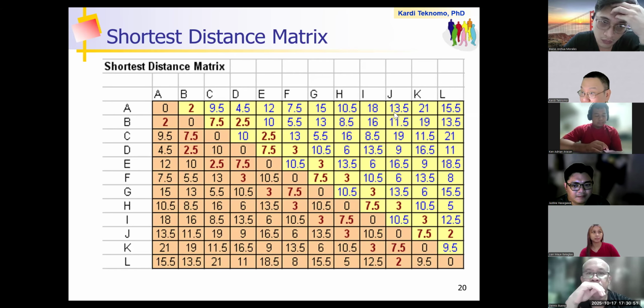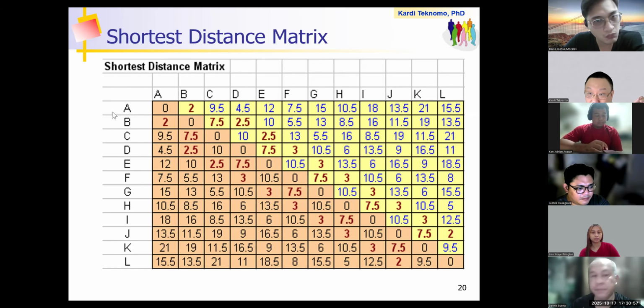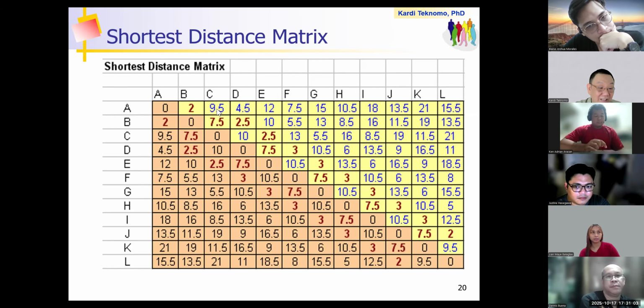The one in blue in the shortest distance matrix represents, if I want to go from A to C, that distance is 9.5. So this is like the shortcut. It doesn't tell where to go, it just tells that from A to C, the shortest is 9.5.